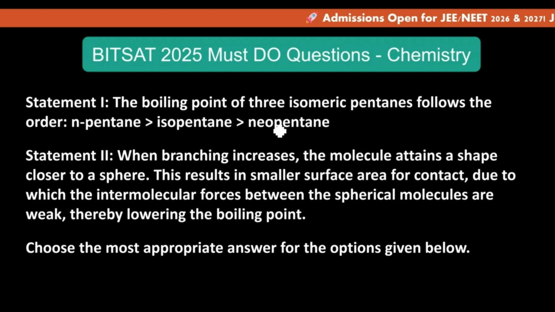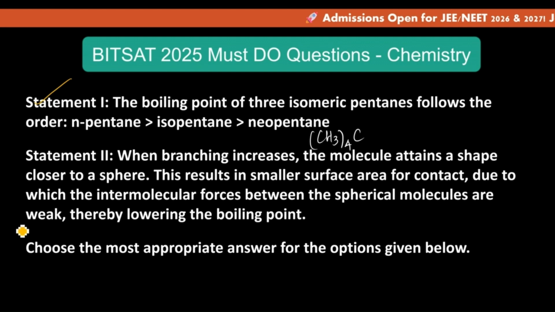Neopentane is highly branched and spherical, right, having 4 CH3 groups, and isopentane has 1 branch, and n-pentane is linear. So by comparing, the boiling point difference depends on the spatial arrangement, the branching. n-pentane will be highest, then comes iso, then comes neo. So statement 1 is right.